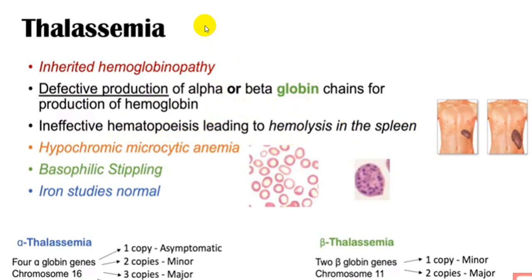So if a person comes with anemia with hepatosplenomegaly, do keep in mind it could be thalassemia.